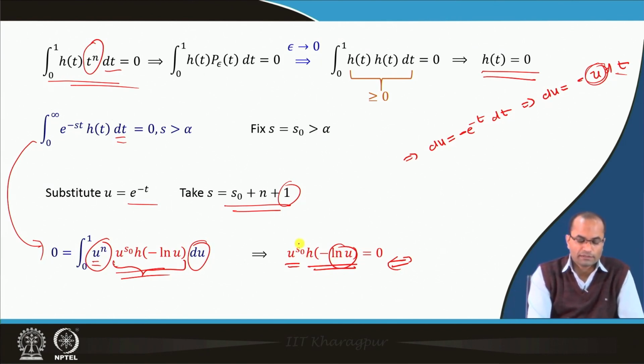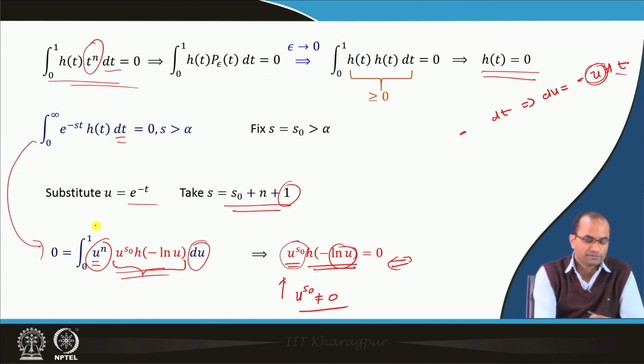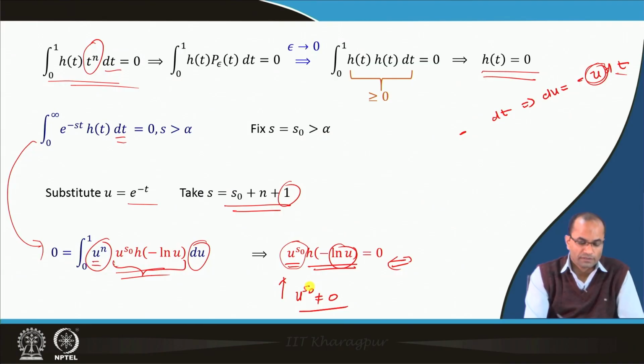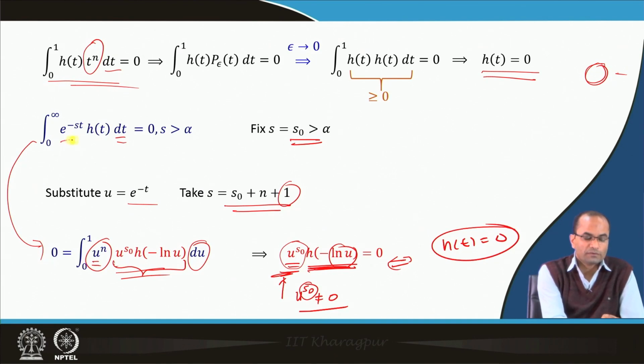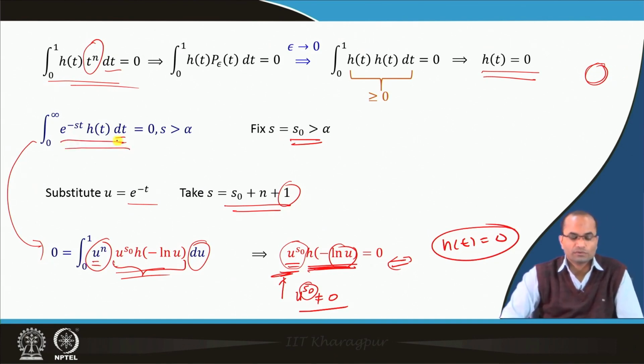So, we have h t and u power s naught. u power s naught is not equal to 0, because u varies from 0 to 1 and s naught is also a number greater than alpha. So, this cannot be 0; the only possibility is that h t has to be 0 to make that integral 0. So, that is what we have proved now: that the integral of e power minus s t h t dt equal to 0 implies that h t equal to 0.